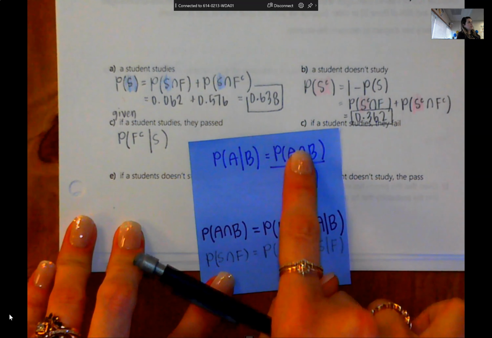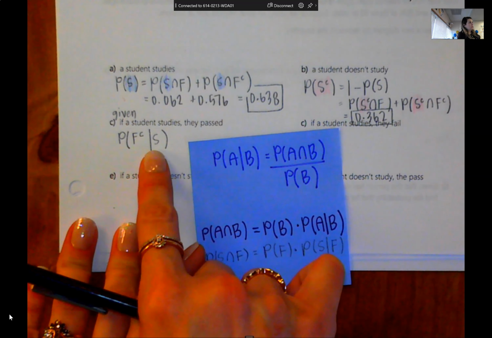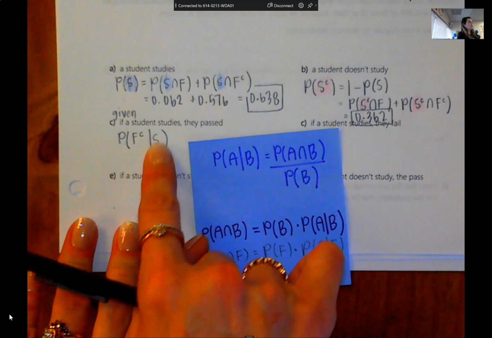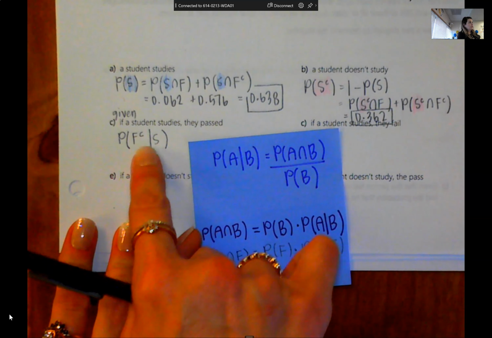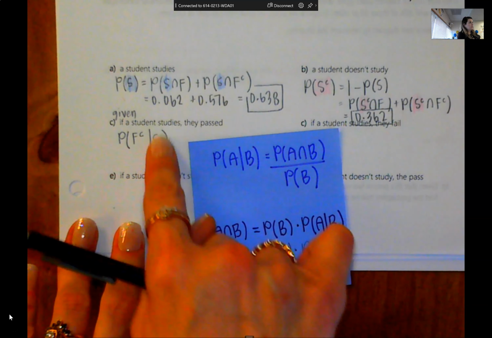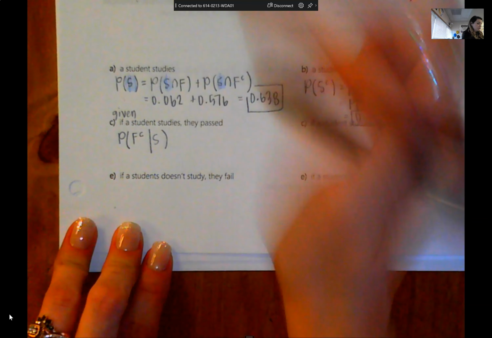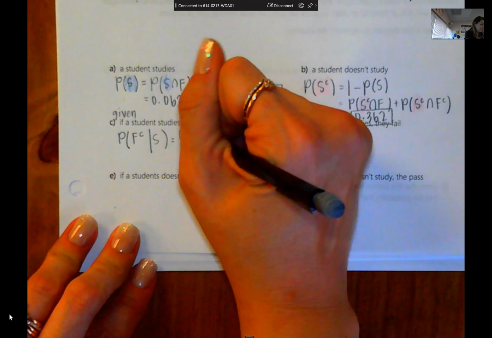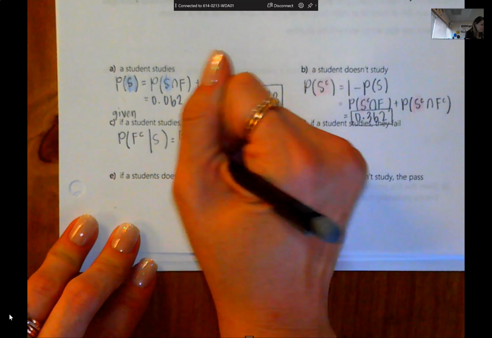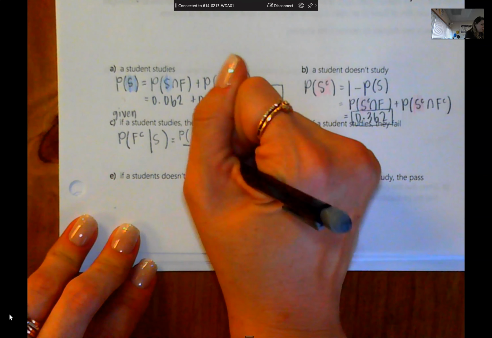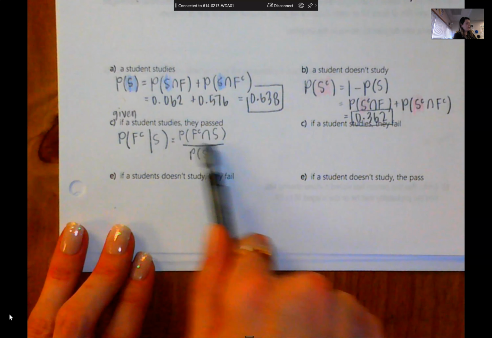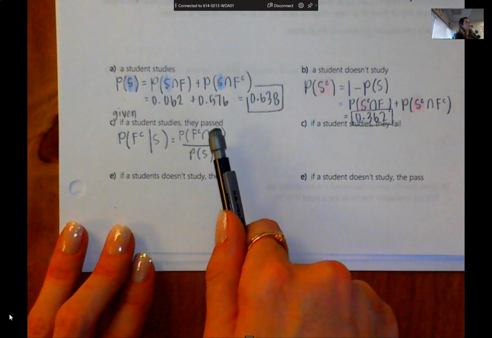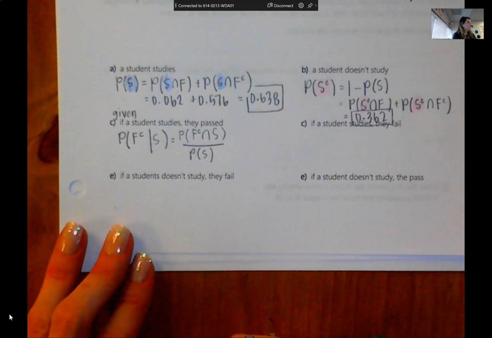It's the intersection of those two things over the probability of S, the intersection over the probability of this guy. We know those now. So this is the probability of F complement and S over the probability of S. And the order here does not matter. So if you want to write S and F complement, that's fine.